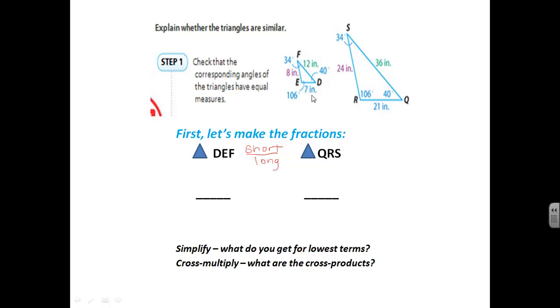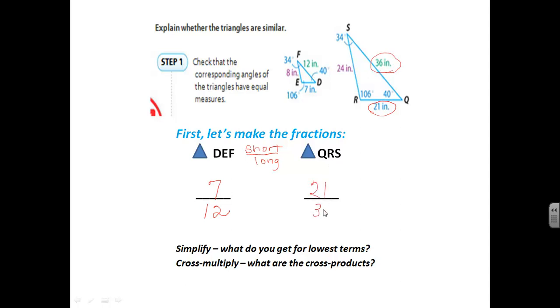So the short side is 7 and the long side is 12. So let's make that fraction 7/12. Okay, you do the one for triangle QRS. Write the fraction for the short side over the long side for QRS. Okay, 21 is the shortest one and 36 is the longest one.